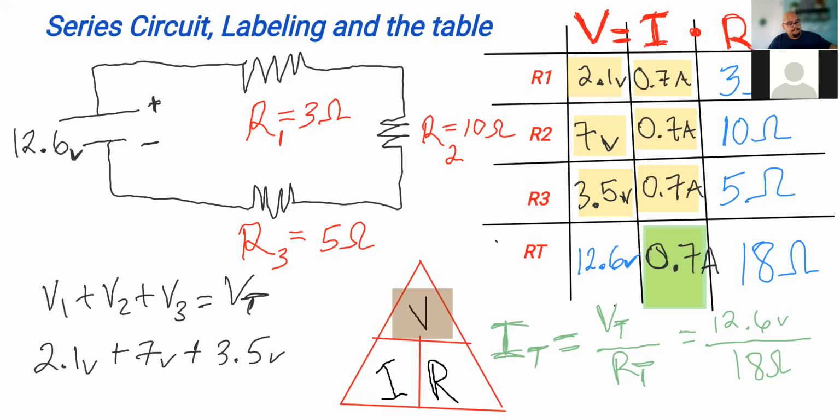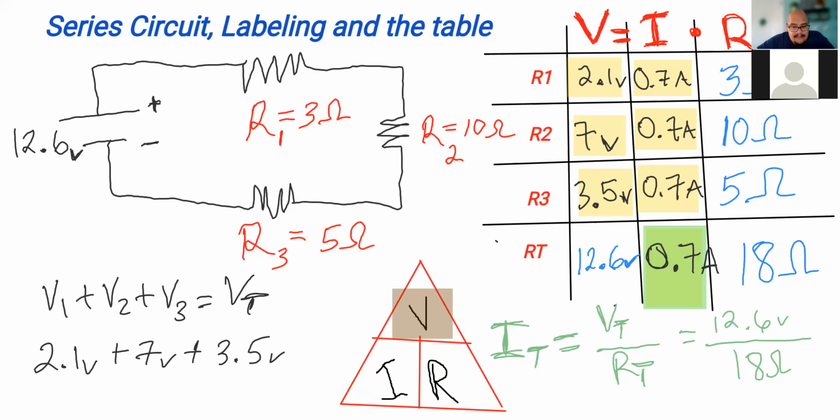If we add up 2.1 plus 7 plus 3.5, that gives us 12.6. And that's how we check our work.